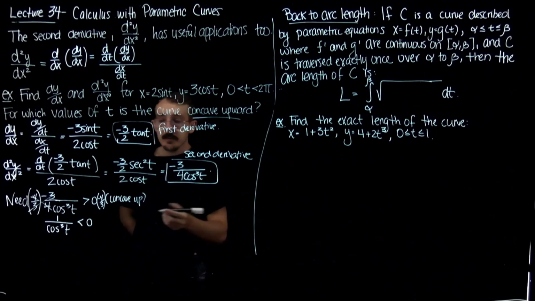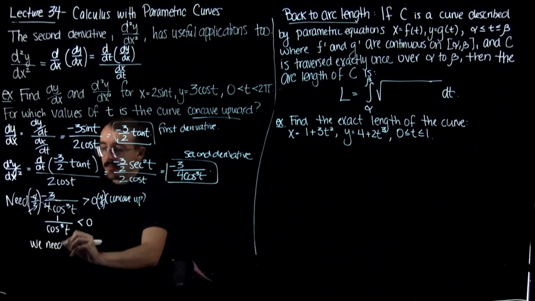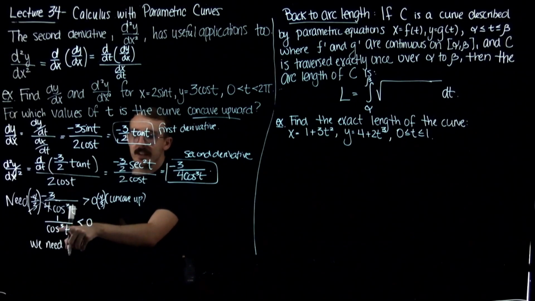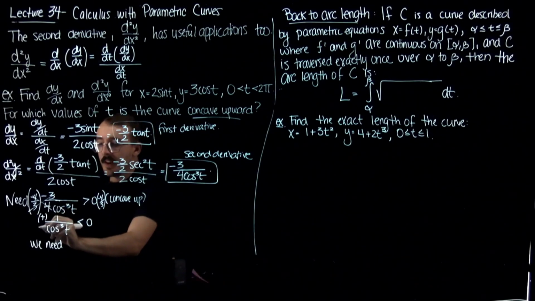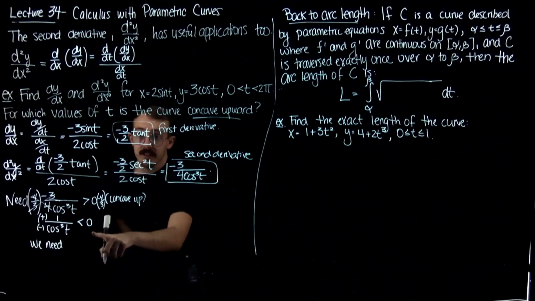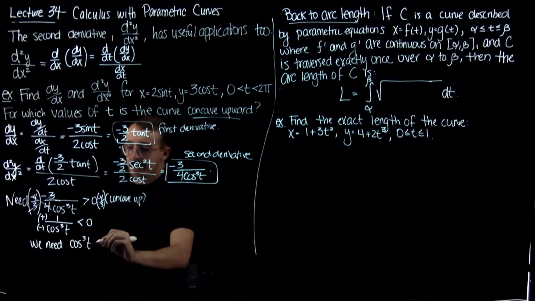When will that be true? Well, we need cosine cubed of t to be a negative number, because a positive divided by a negative is less than 0. So I need cosine of t cubed to be less than 0.